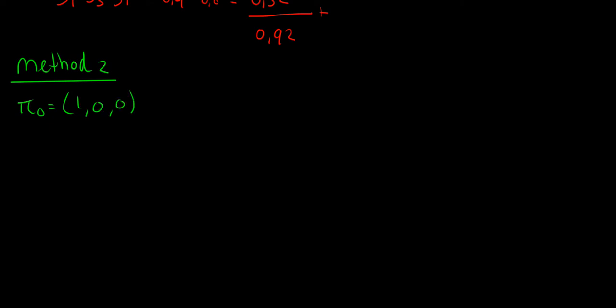So this is why our initial distribution is 1, 0, 0, denoting state 1, state 2, and state 3, or lily pad 1, lily pad 2, lily pad 3. And our transition matrix was 0, 0.6, 0.4, 1, 0, 0, 0.8, 0.2, and 0.